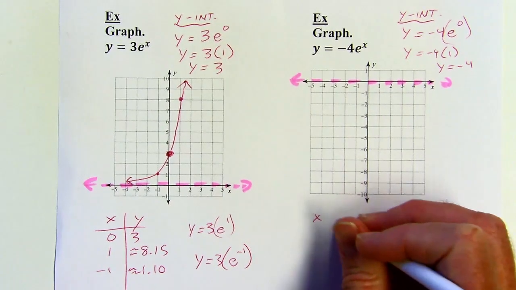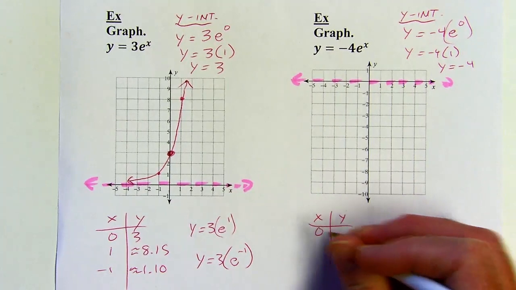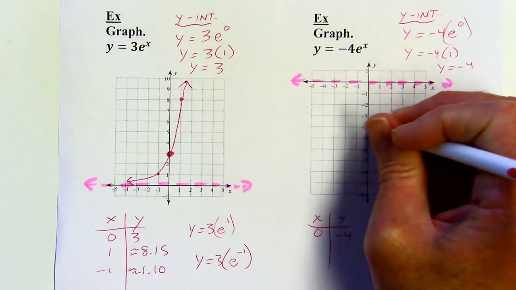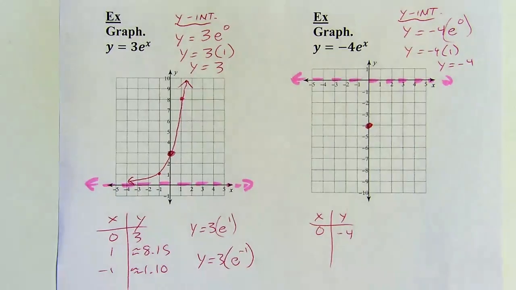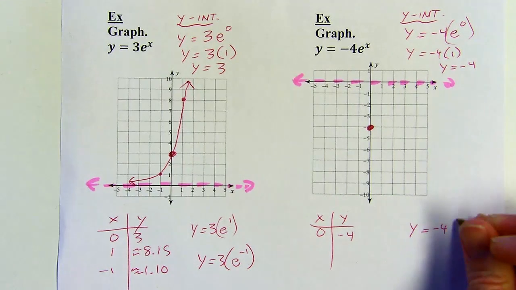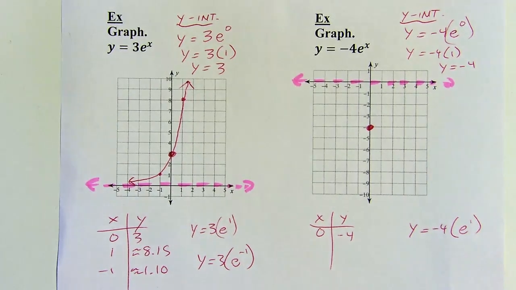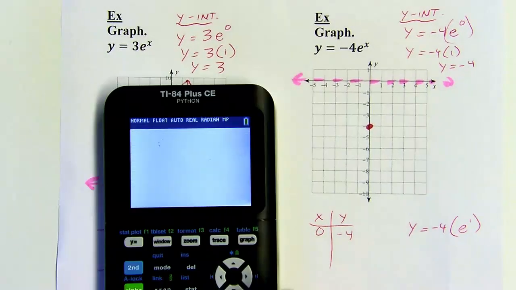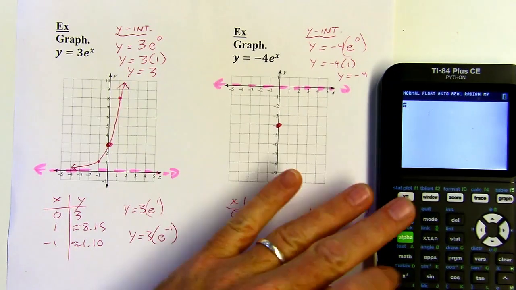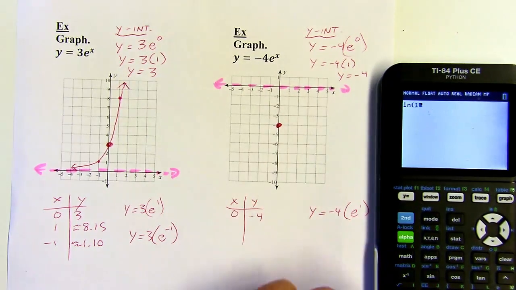So xy table, why not? Let's make one. We got 1 point: we plugged in 0 for x, and we got -4 for y. Let's see what happens when we plug in 1. Let me put this over here so I've got that on screen still. Let's take e to the first.